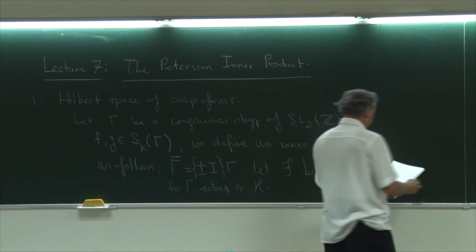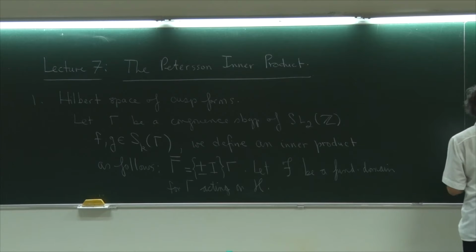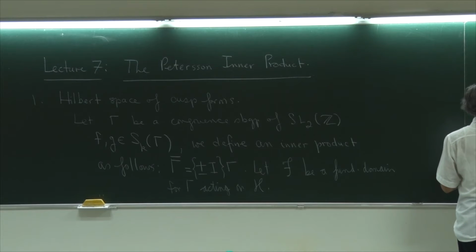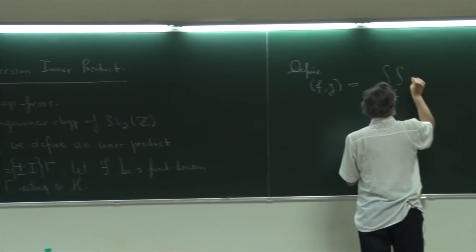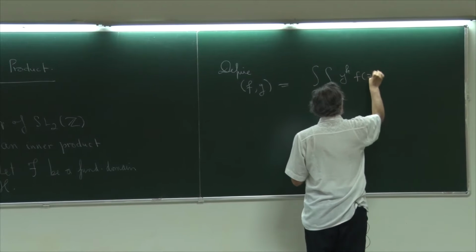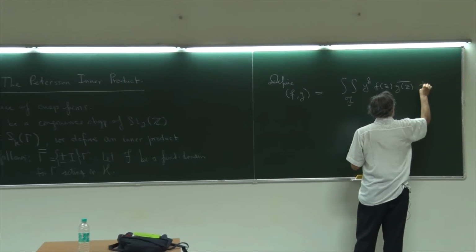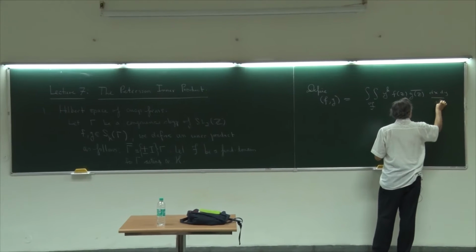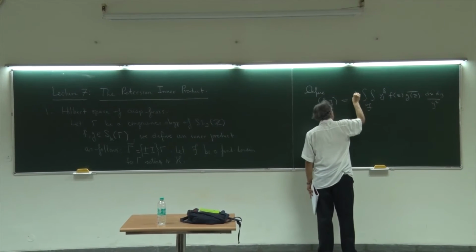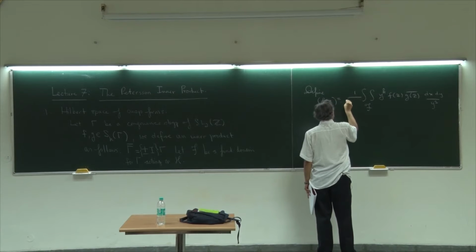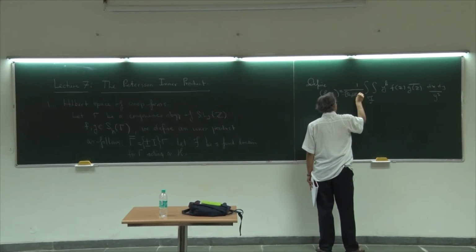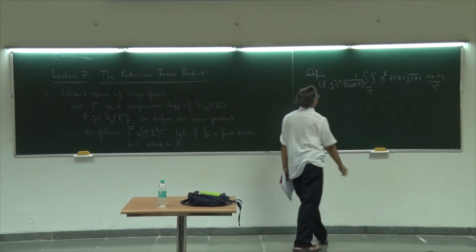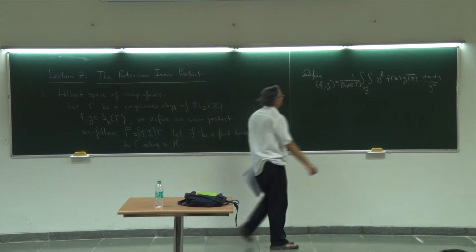Then we'll define (f, g) to be the integral over this fundamental domain of y to the k, f of z, g of z bar, dx dy by y squared, and then we normalize it by dividing out by the index of gamma bar in SL2Z.